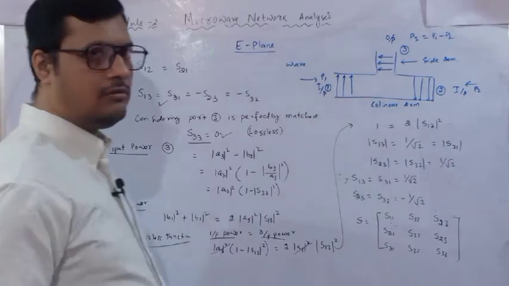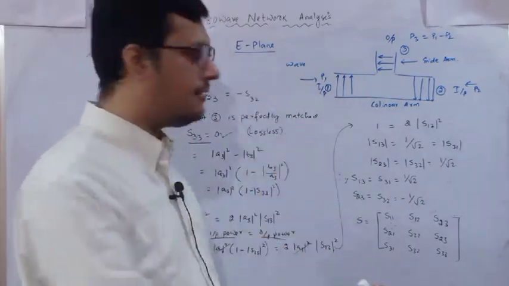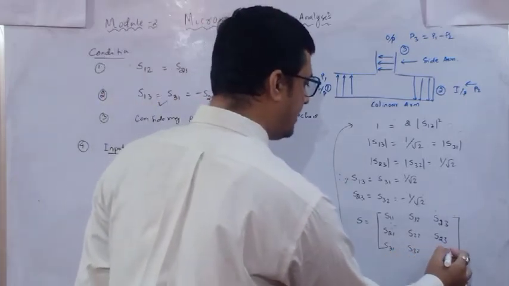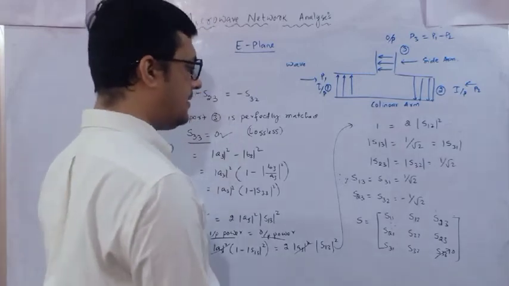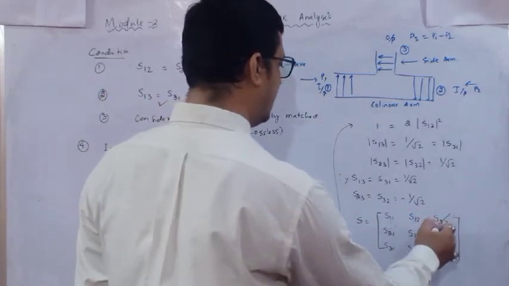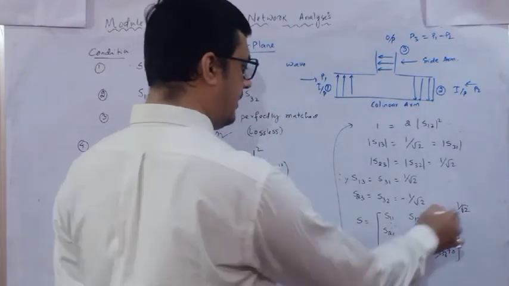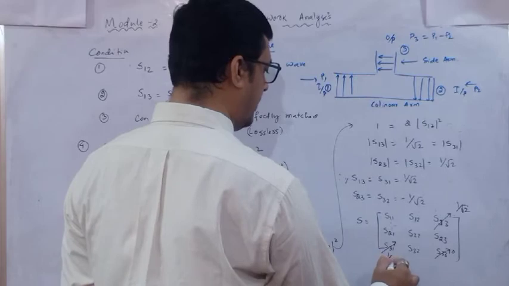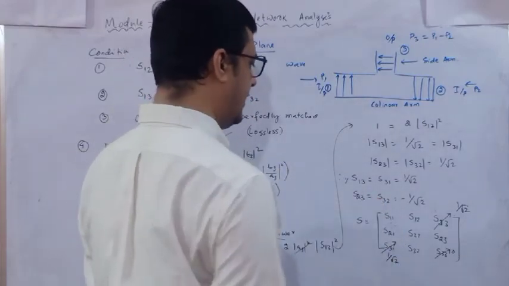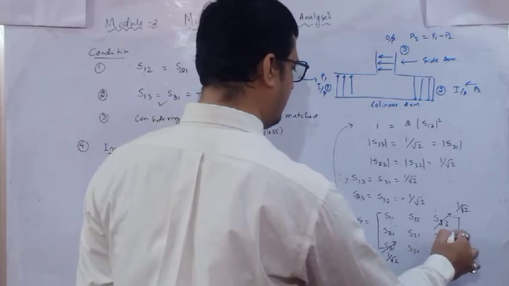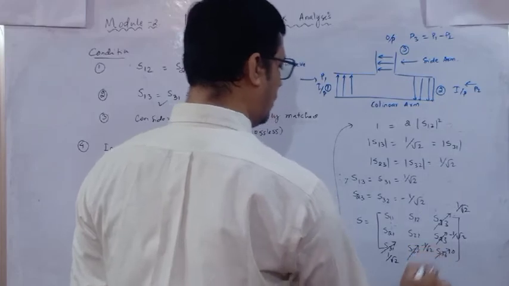S33 is 0 because the port is matched perfectly, since we are feeding the power in it. Next, S13 and S31 both are 1 by root 2. Then S23 and S32 are both minus 1 by root 2.